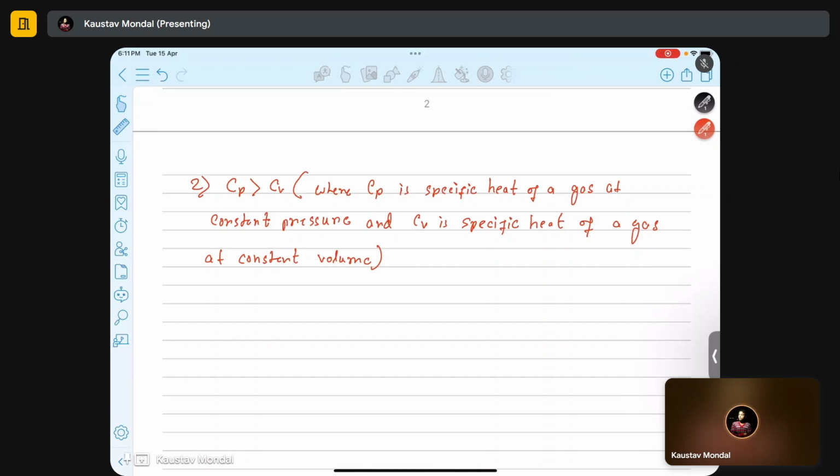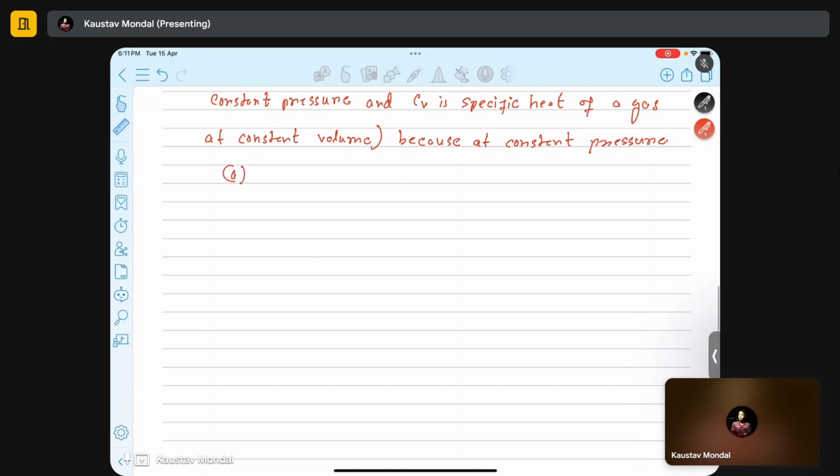Because at constant pressure... Option A, the attraction between the molecules is larger.